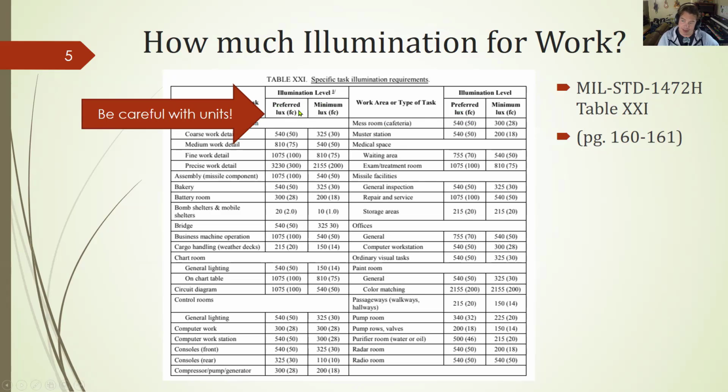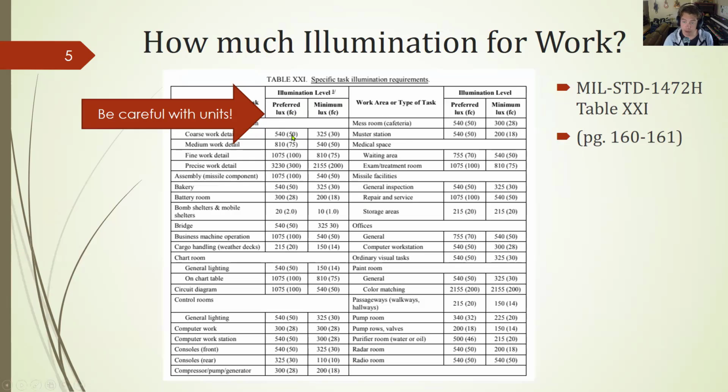I want to point this out. Don't overlook that we have lux and foot candles represented here, and they use lux as the first variable. Don't get those mixed up because I will ask about foot candles. So you're going to want to know the value in parentheses.